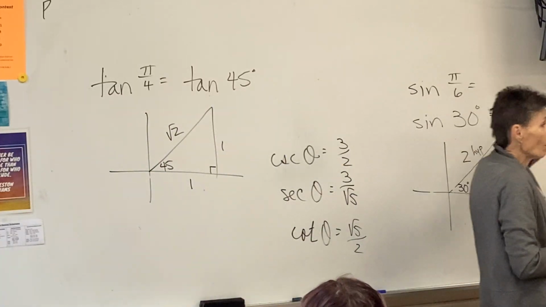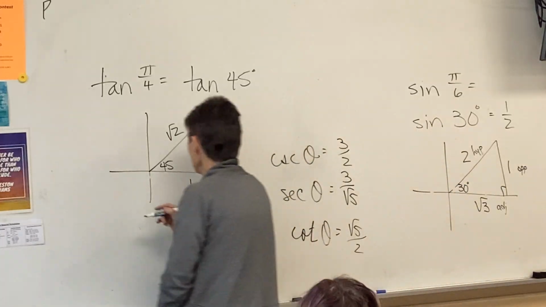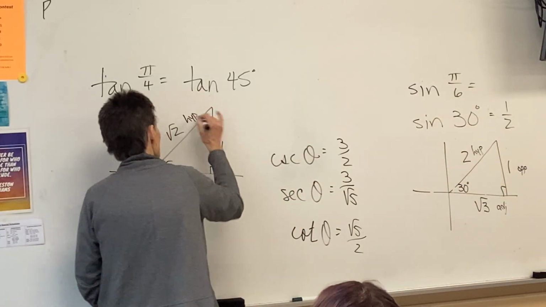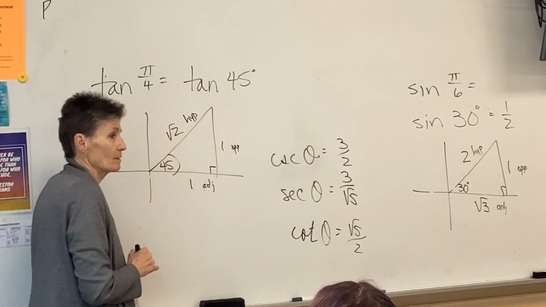There are two triangles you have to memorize, the 30, 60, 90, and the 45, 45, 90. You're going to get so sick of those numbers, because those are my numbers to use. Root 3, 2, 1, root 2, that's it. All right, we want the tangent. So this is my hypotenuse, this is my opposite, this is my adjacent, here's my angle.